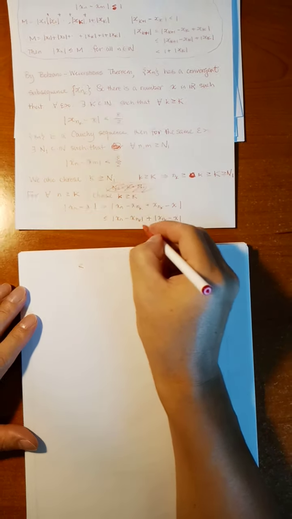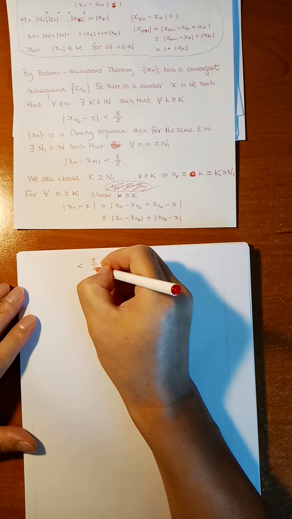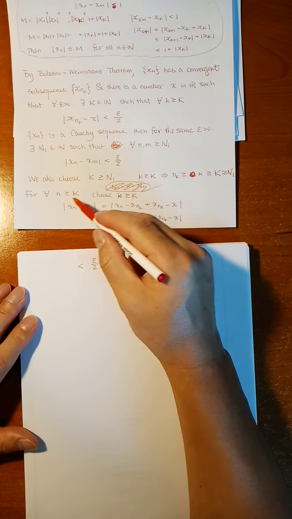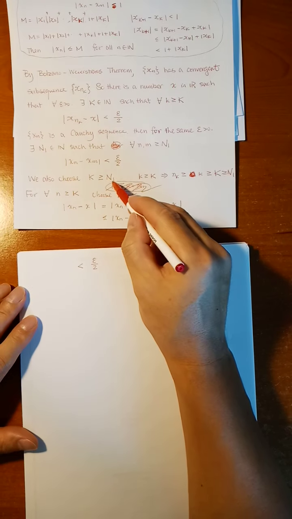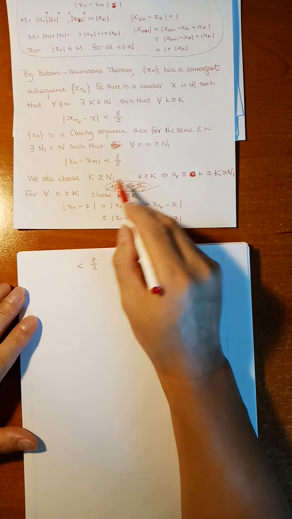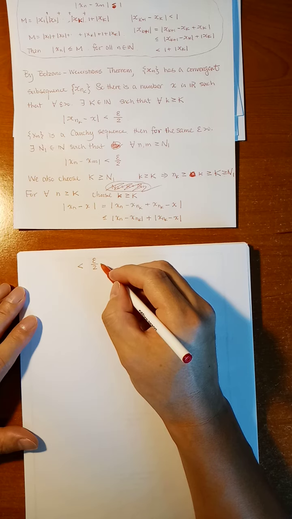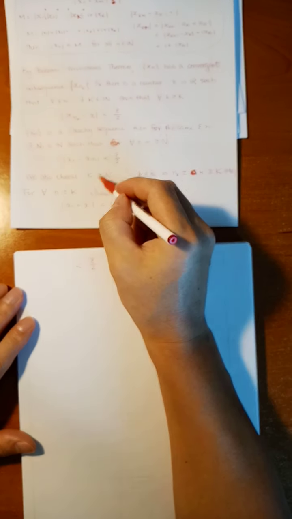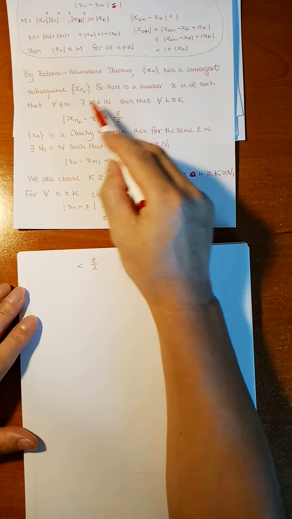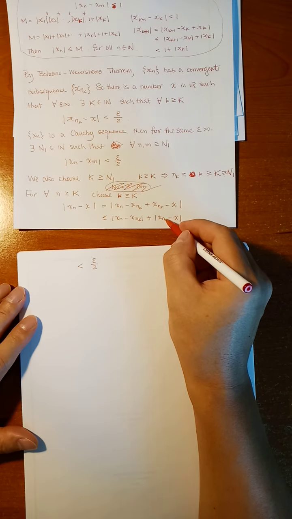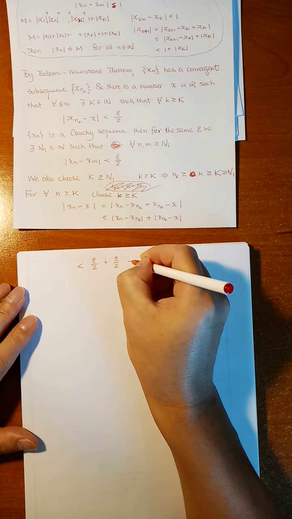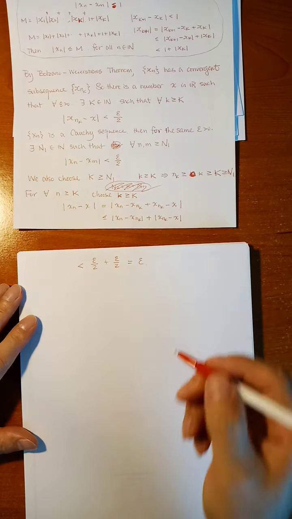The first one, applying the Cauchy condition, is less than epsilon over 2. n is greater than k, nk is also greater than k, and k is greater than capital N1. So the Cauchy condition is satisfied. It's less than epsilon over 2. And for xnk minus x, we also require this k with this condition. So the distance between xnk and x is less than epsilon over 2. So it's epsilon.